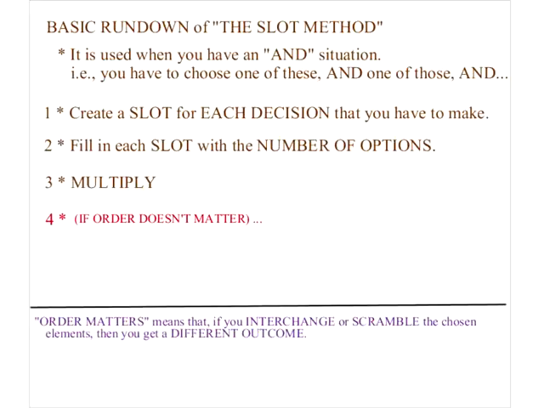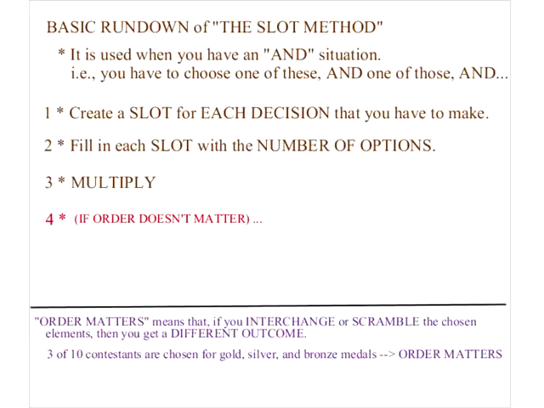Okay, so let me give you a couple of situations in which order matters and order does not matter. If 3 of 10 contestants are chosen for gold, silver, and bronze medals, in this case, order matters.